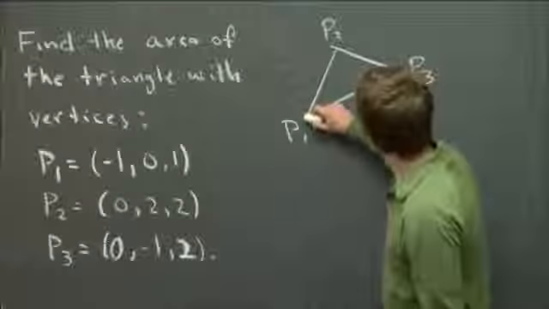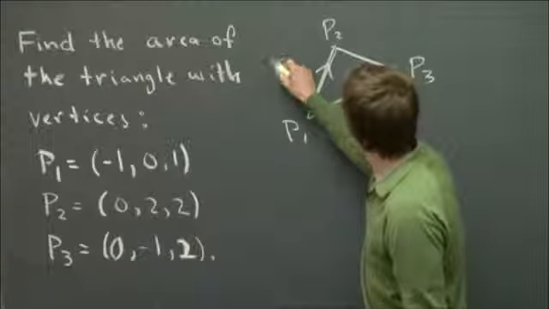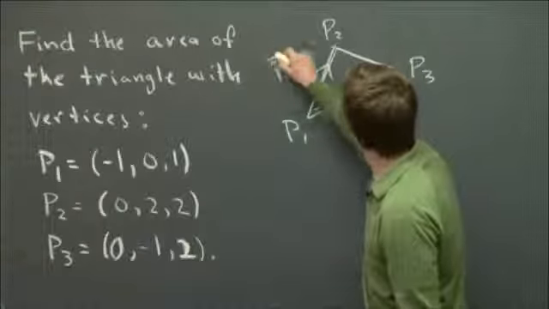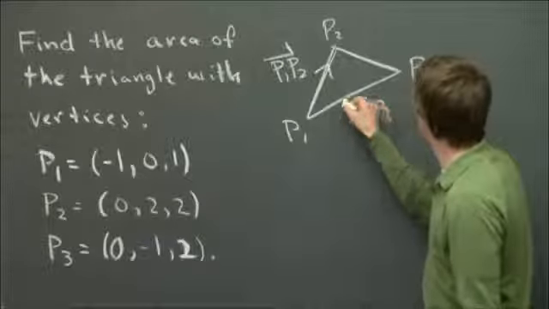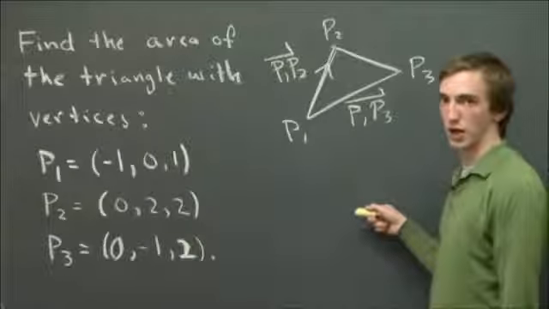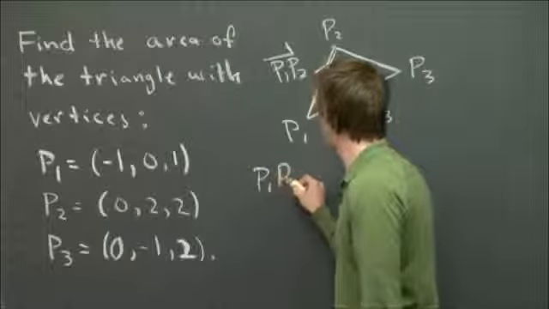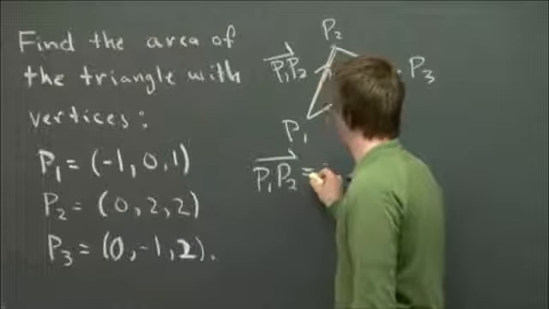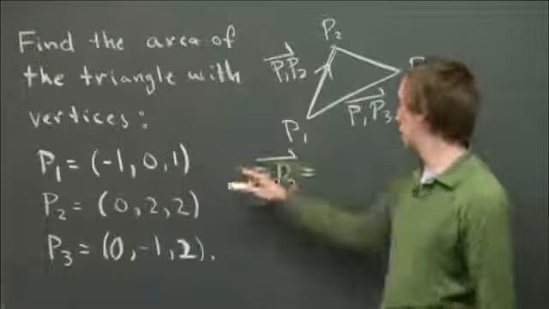And the vectors that we need to build are P1P2 and P1P3. Since we're going to use these in a minute, let's go ahead and compute them now. So P1P2 is just the difference of P2 minus P1.